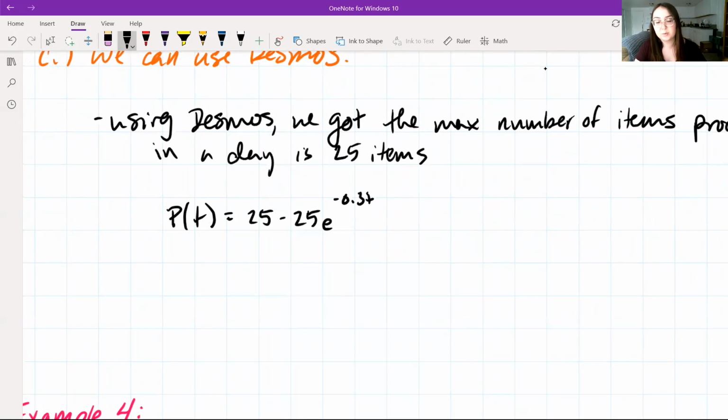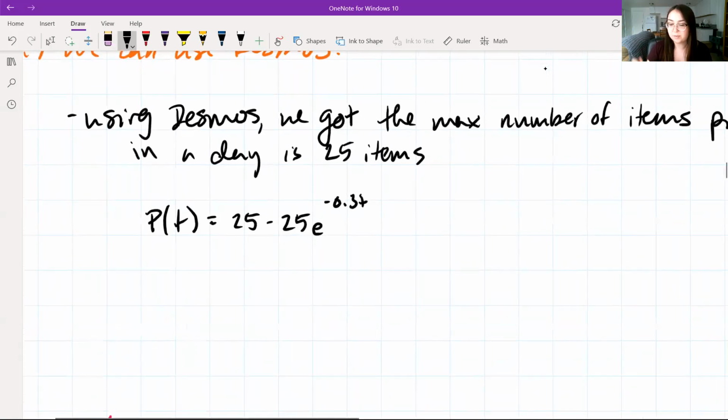What we can see here is that we have a constant minus an exponential. Because remember, early on we said that an exponential equation can be y naught times e to the power of kt. So this part of our equation right here is y naught e to the kt.